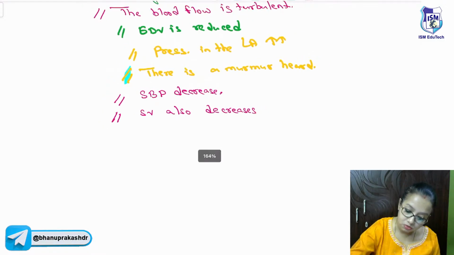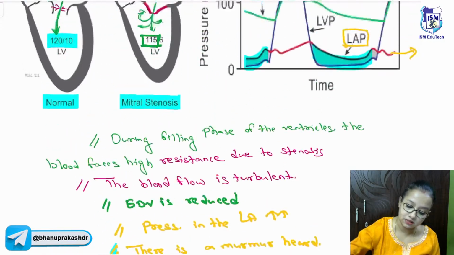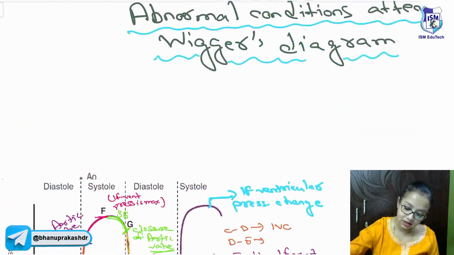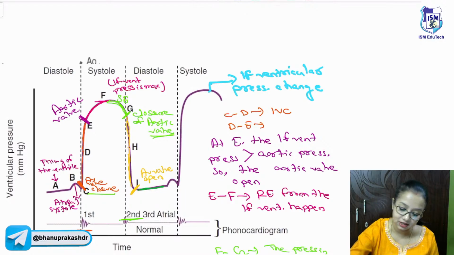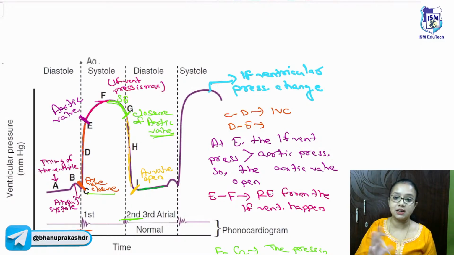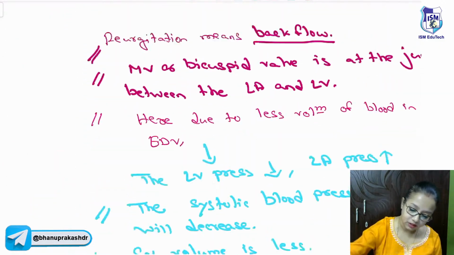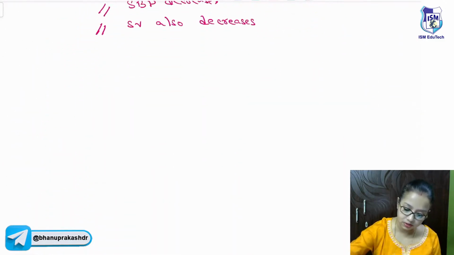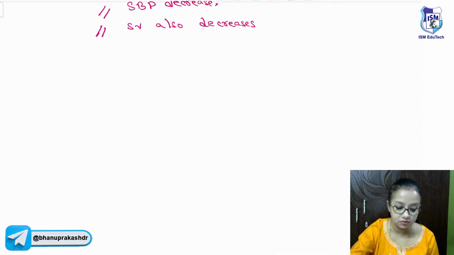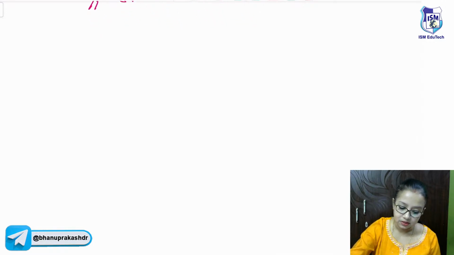Okay, now moving on to the loop. We started with the changes in the left ventricular pressure, understanding that, after which we connected to the Wiggers diagram. Now this whole ventricular pressure is studied as a loop to correlate to different clinical conditions. First we will understand the normal loop, and then after understanding the cardiac output, we will connect it to the abnormal conditions of the loop.